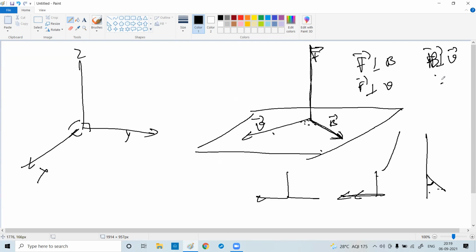Is it clear? The angle between the velocity vector and the magnetic field vector may not be 0, may not be 90, it can be anything. But the angle between F and B, and F and V, is always perpendicular. So what do we derive from this?